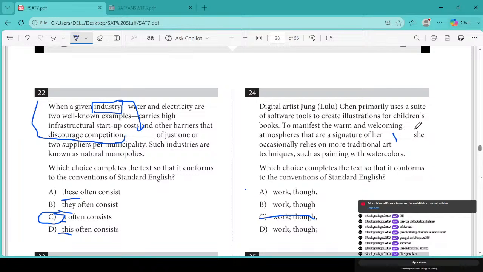Though she. Okay, let's just read it for context. Digital artist Chen primarily uses a suite of software tools to create illustrations for children's books. Though here is part of the first sentence.